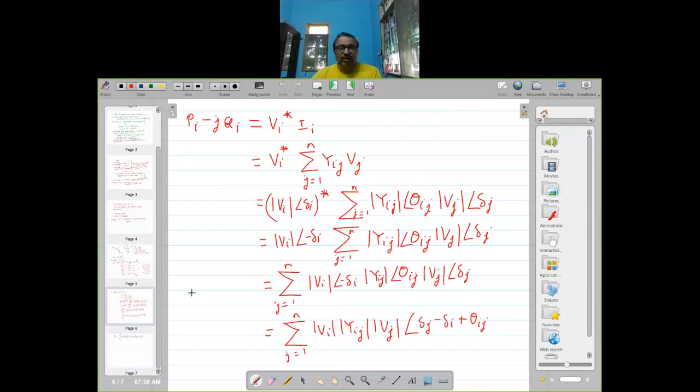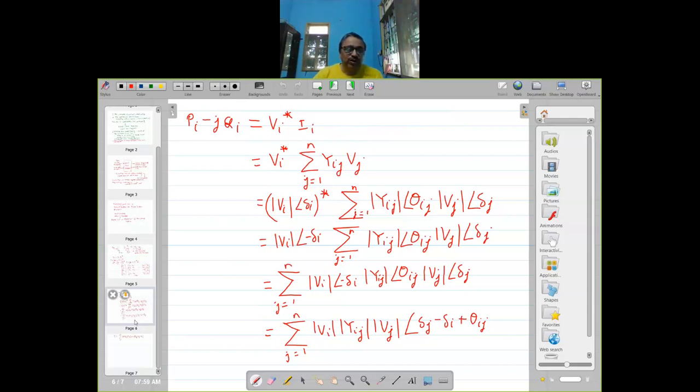And what will be Qi? Qi will be all this into sine of this angle, which will be minus Qi. So if I equate the real and imaginary parts, Qi will be minus of this quantity.